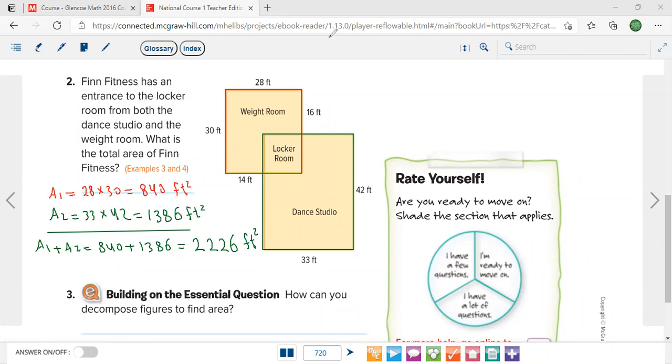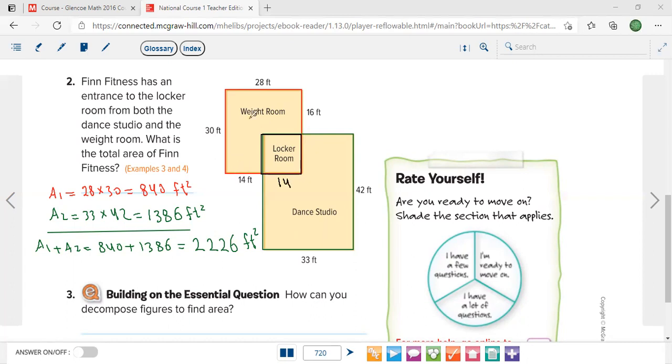Now we need to evaluate the overlapping part, and let me highlight it for you. This overlapping part, the locker room, we need to find its dimensions to find its area. So I told you before, horizontal line, bring it from horizontal line. So 28 minus 14 will give you here 14.